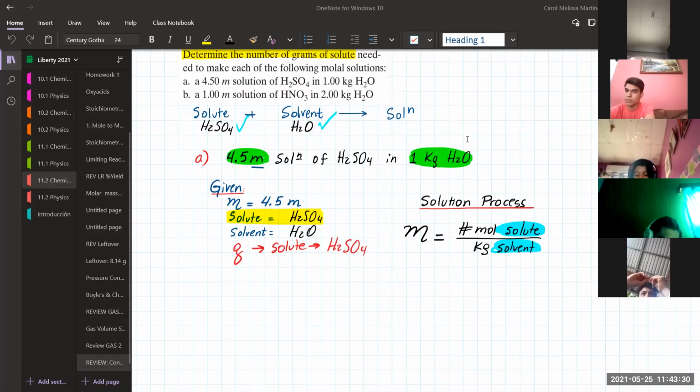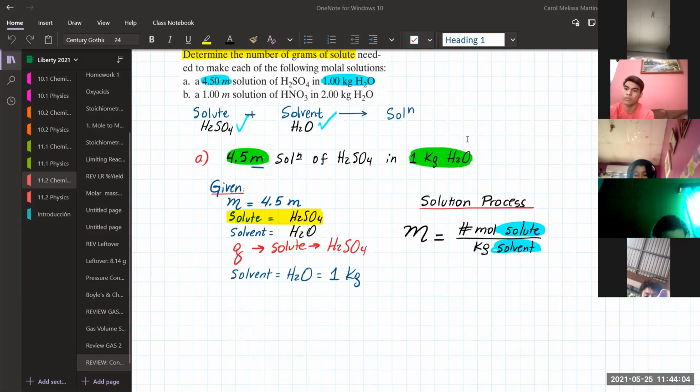The problem also gives us the molal concentration, but also the mass of water. The mass of water will be the mass of my solvent, because the solvent in this problem is just the water, okay? So for the solvent, that is water, I have the mass in kilograms already. That is 1 kilogram. That is also part of the givens.